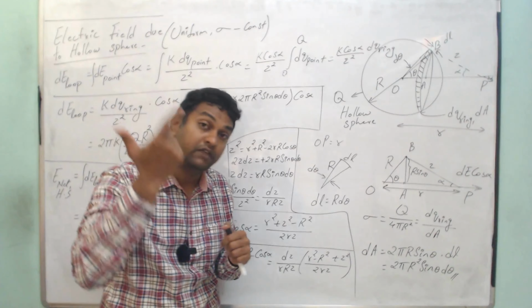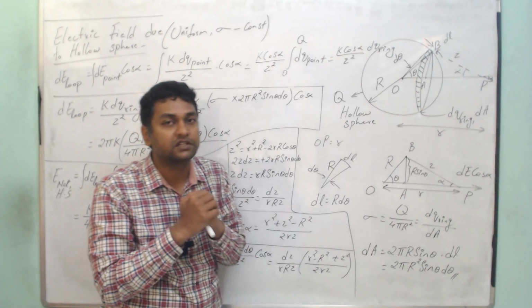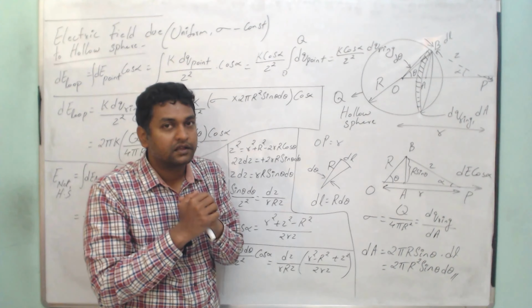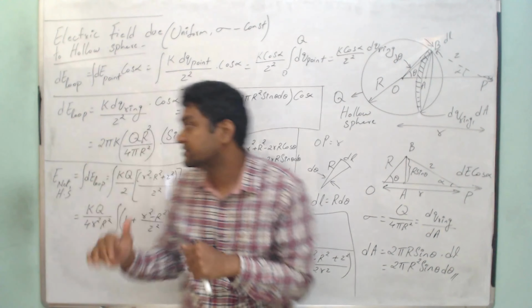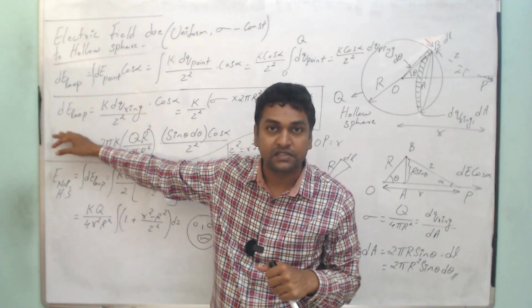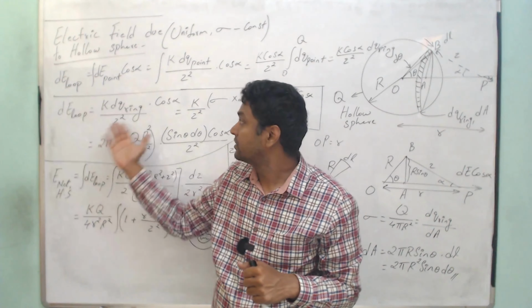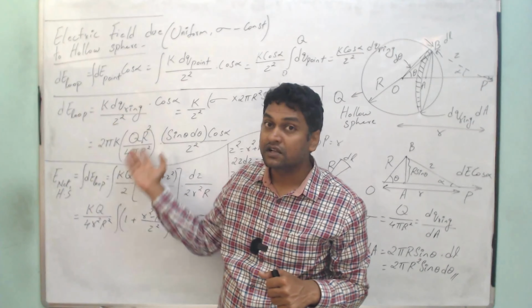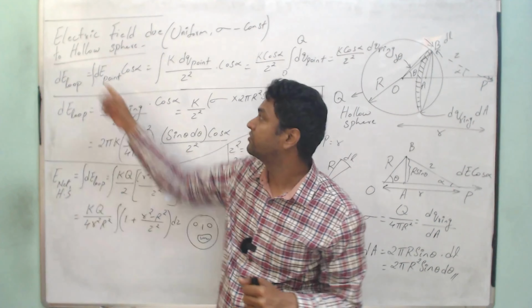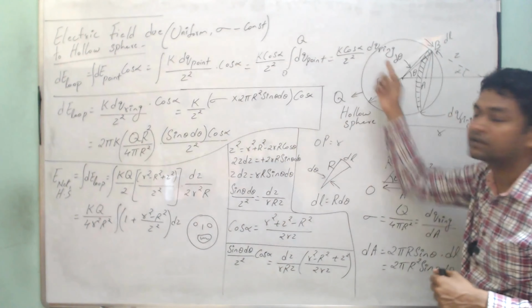Everything I am doing in my imagination. So actually, the first step for my hollow sphere is this. But the dq ring cos alpha story, to simplify, I wrote this entire thing.